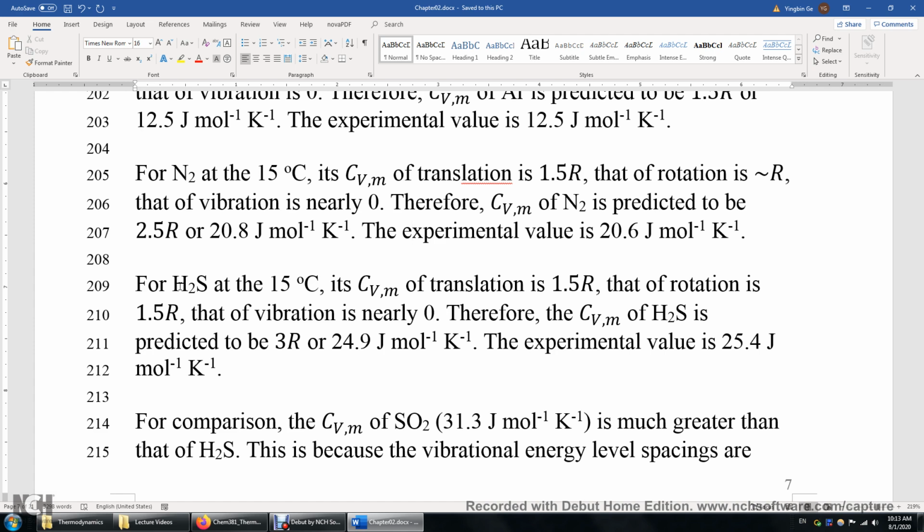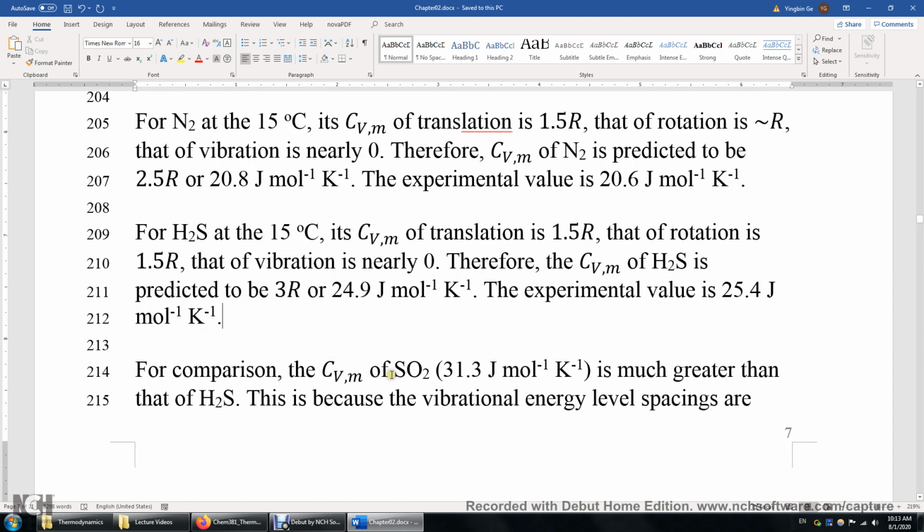Nearly 0. Therefore, we predict the CVM of this H2S is roughly 3 R or 24.9 joule per mole K. It's also a little smaller than the experimental value. The difference is roughly 0.5. I think that's also due to the non-zero vibrational CVM. It's nearly 0, but it's not exactly 0.